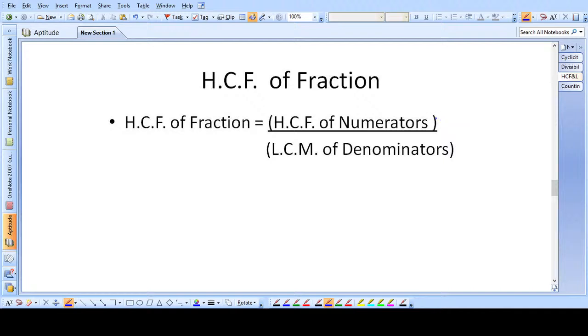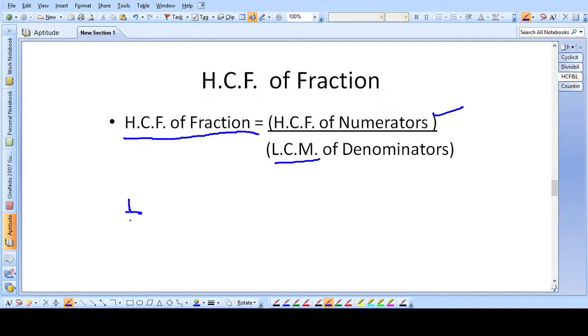So just take all the numerators together and find the HCF of the numerators. Then take the denominators and take the LCM of the denominators. The value which you get is the HCF of the whole fraction. Let me take one example and explain this.